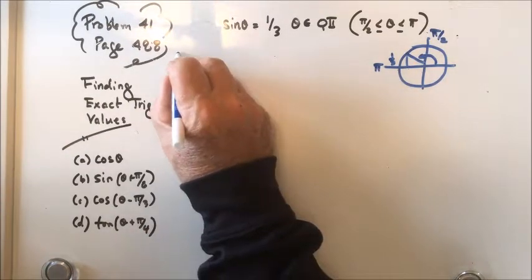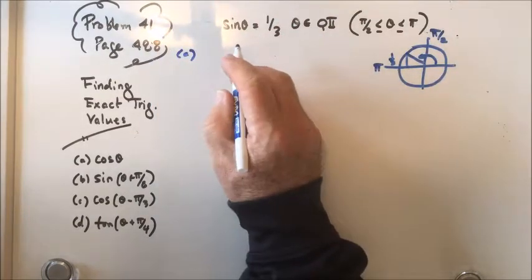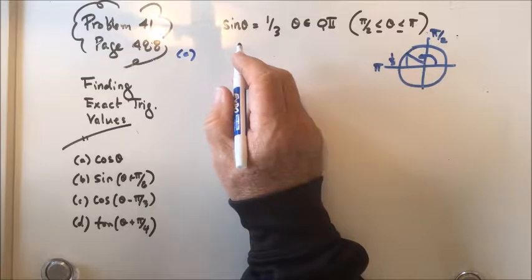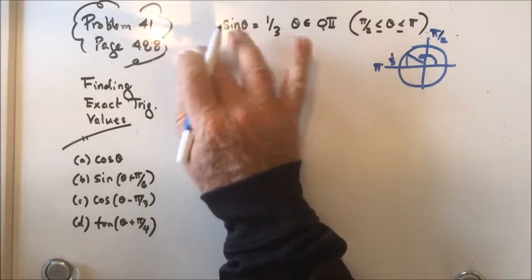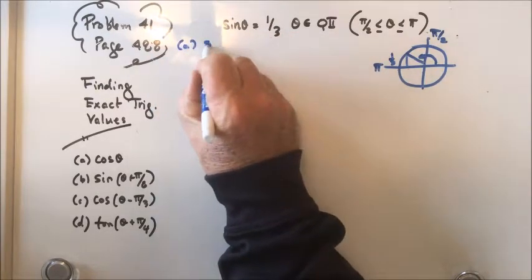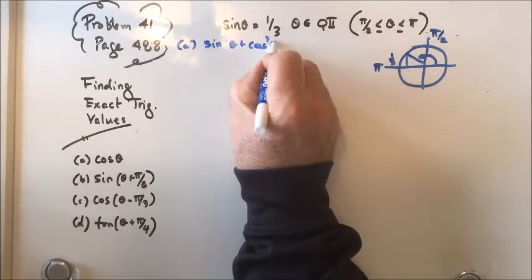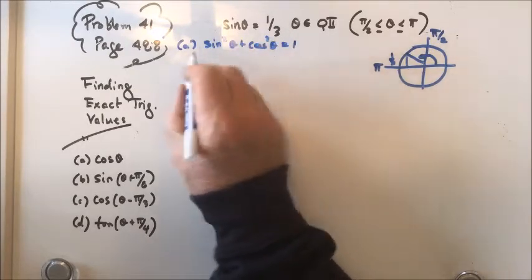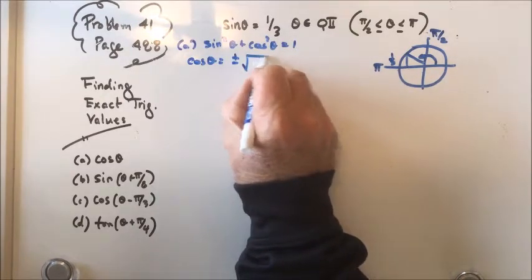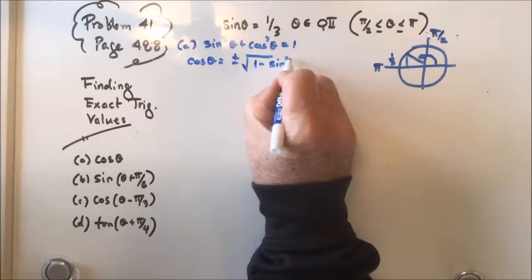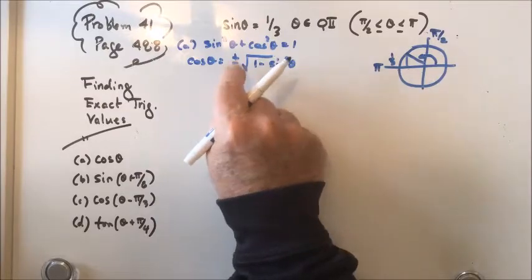Problem A says go find the cosine of theta. Well, I can go to the shelf and pull out an identity, the key Pythagorean identity, that sine squared theta plus cosine squared theta is equal to 1. And so cosine theta is equal to plus or minus the square root of 1 minus sine squared theta. So if I know a sine squared, I can put it in and calculate two cosines.